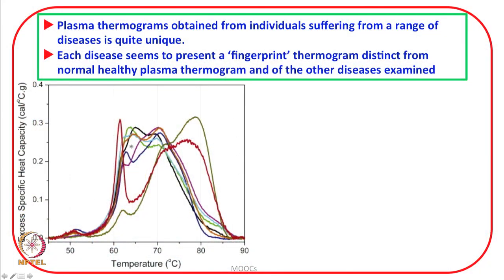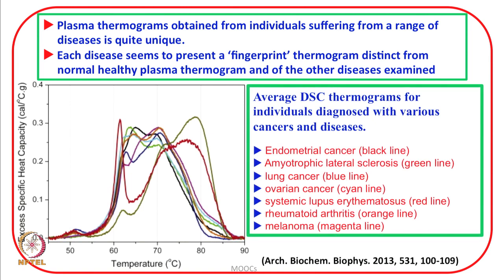These are plasma thermograms in this figure from individuals varying from a healthy human being to a person suffering from different diseases. Each thermogram is not that of a single human being.